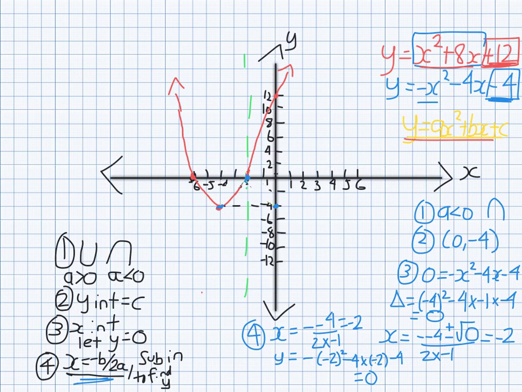So now I've got the 3 points: the turning point, the x-intercept, and the y-intercept. I know its orientation, I know what it's going to look like. It's just going to go through this point, stop at the turning point, which is also the x-intercept in this case, turn around and go like that. So there we are, done. The last thing we should do is label each parabola with its equation.